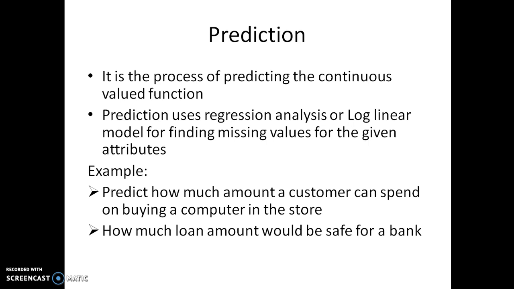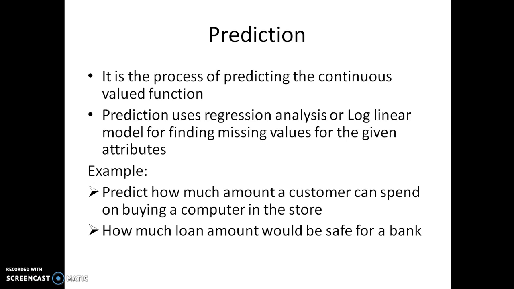Next is the prediction task, in which we predict a continuous valued function. A continuous valued function is nothing but a numerical value. This can be done using different techniques like regression analysis and log linear model.